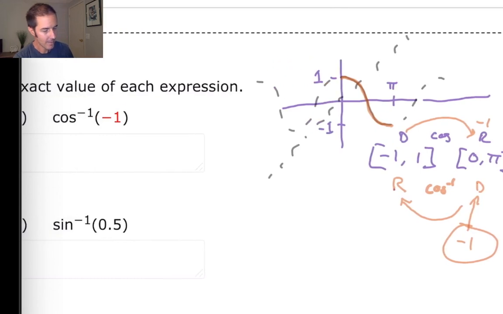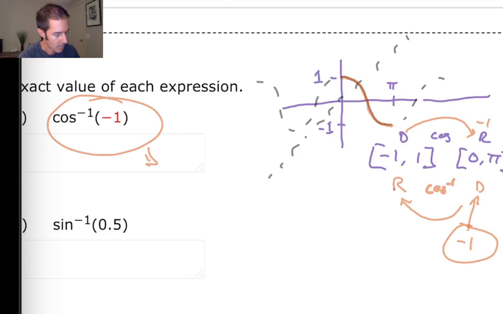So when I see this question, I ask myself, the cosine of what value would equal negative 1?